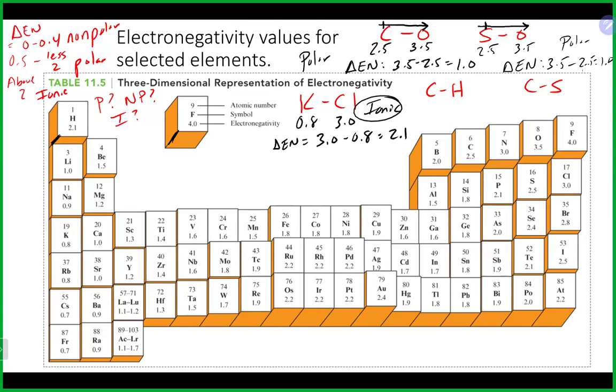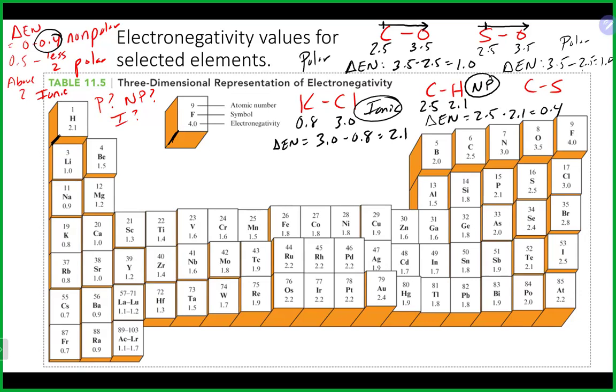Carbon and hydrogen. So carbon being 2.5, hydrogen being 2.1. Difference in electronegativity here is going to be 2.5 minus 2.1. That is a 0.4. That is the cutoff for nonpolar. And that means that this bond is nonpolar here.